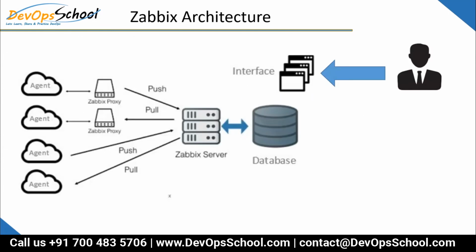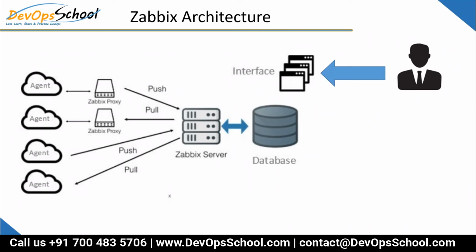So look at this image. See here, that's a user, that can be you and me, and we talk to the interface. And the interface again talks to what? It queries the database.